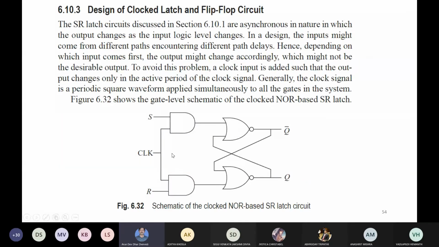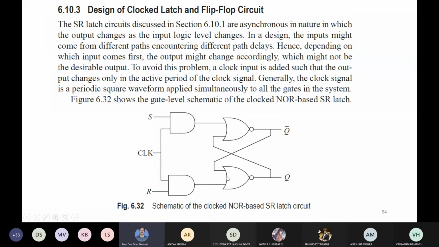In the gate level design, we can see S and clock are given to this NOR gate, and R and clock are given to this NOR gate as one input. The other input is coming as usual, as in the previous case. This Q is going to this NOR gate as another input. This Q bar is coming to this NOR gate as another input.